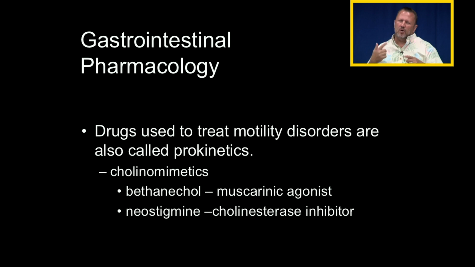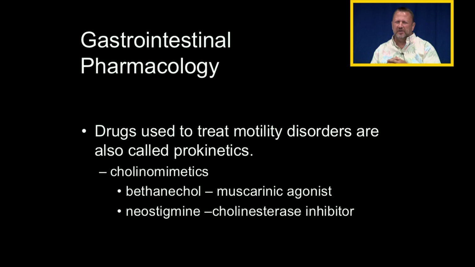So because acetylcholine is used by the parasympathetic nervous system to stimulate digestion and stimulate peristalsis, we can use cholinomimetic drugs to stimulate movement, and we'll call them prokinetics, kinetic meaning to move. And so drugs that increase motility are called prokinetics. Bethanechol is a prokinetic because it is a muscarinic agonist, and we talked about bethanechol when we talked about autonomic pharmacology, and then we talked about the stigmines as well.